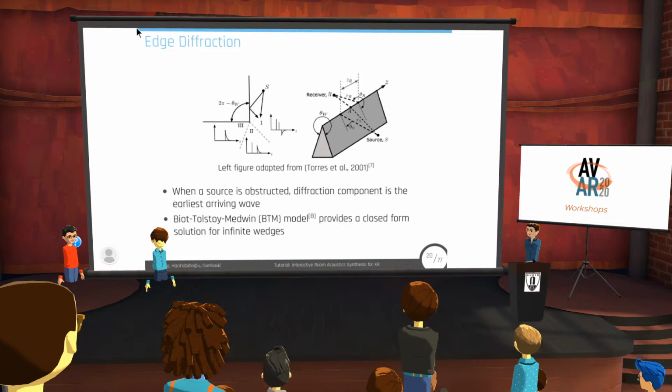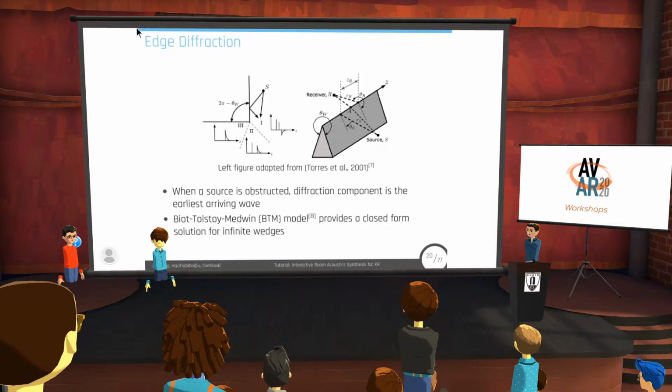In the first region, the impulse response comprises the direct path, an early reflection, and the diffraction component, which has a negative phase. In the second region, only the direct path and the diffraction component, which has a positive phase, are present. So you don't observe the reflection in that second region. And in the third region, only the diffraction term is present.